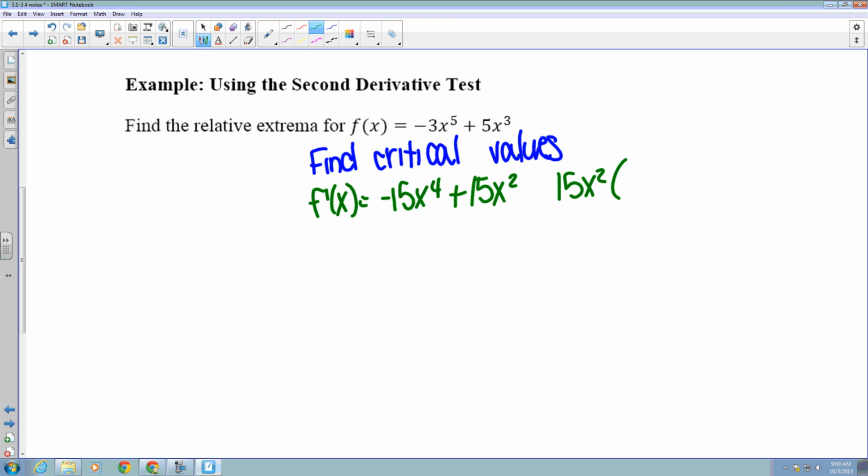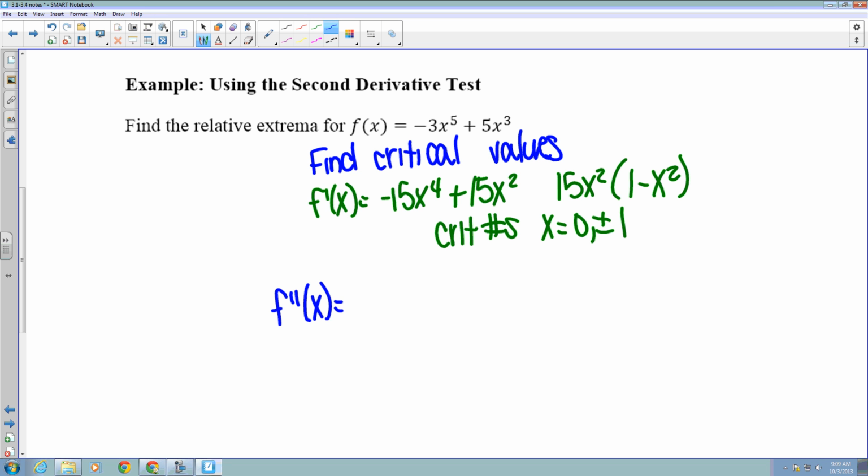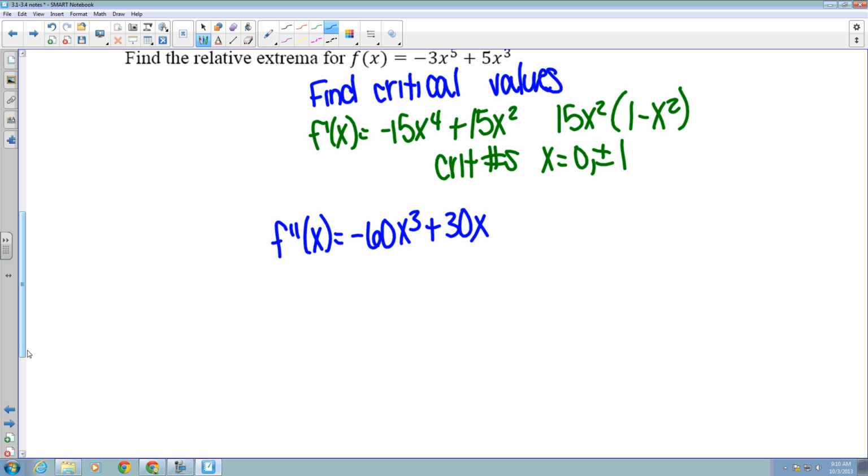We get 1 minus x squared. So our critical numbers are 0 and plus or minus 1. Then we need the second derivative. It's going to be negative 60x to the third plus 30x. So we're testing only our critical points. We're not doing the inflection points this time.